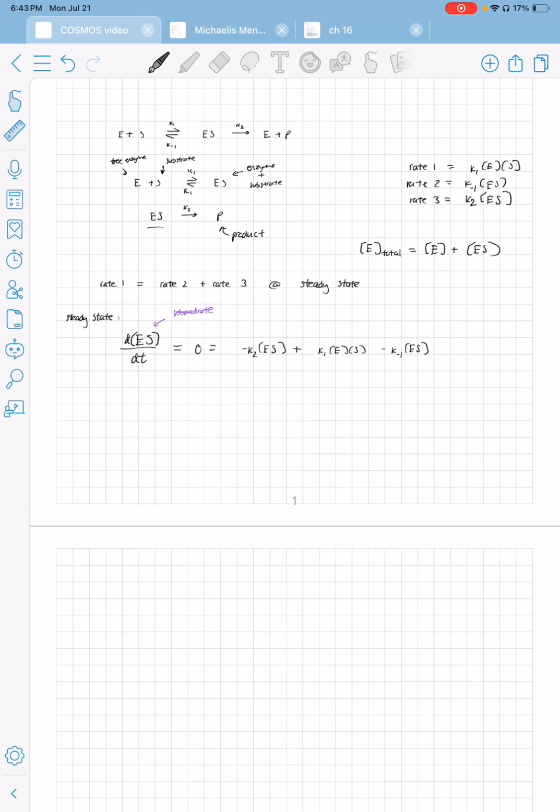What we're saying here is that the concentration of the enzyme-substrate complex is essentially constant over time. It appears from rate 1, it is the product of rate 1, but it's also the reactant in rate 2 and in rate 3. So it's disappearing and it's also appearing. That's why we have negative in front of k2 times ES and k negative 1 times ES.